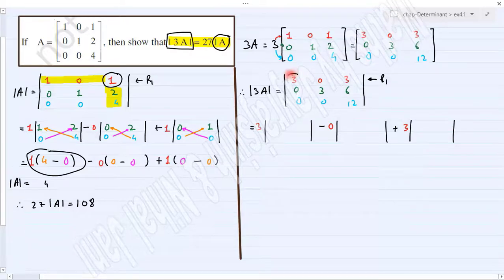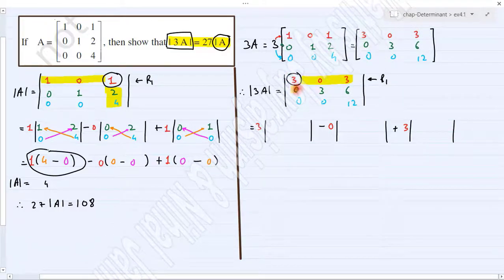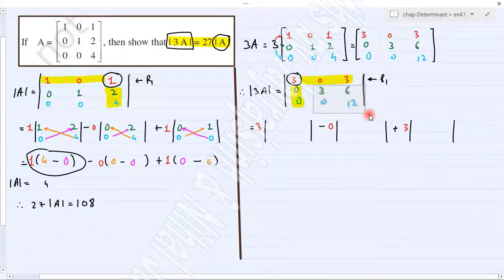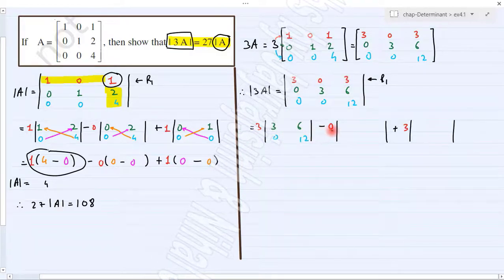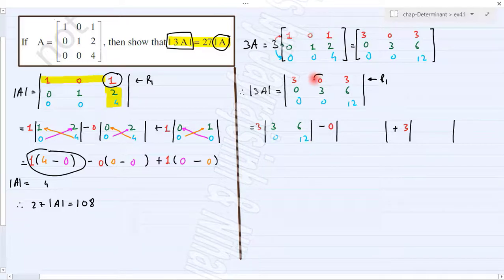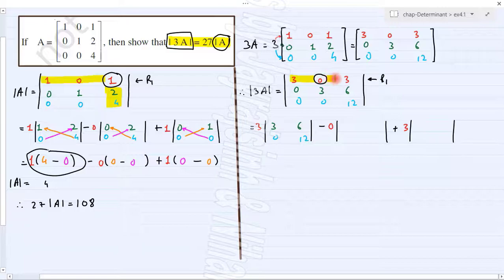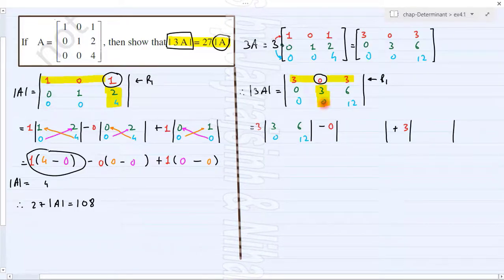Your first determinant can be obtained by ignoring the first row and first column. So you will get 3, 6, 0, 12. Now let's get the second determinant, which is within the multiplication of 0. So ignore its row, which is the first row, and its column, which is the second column.